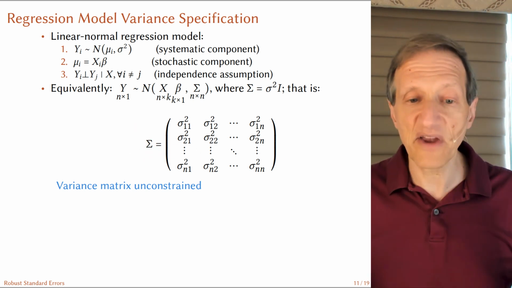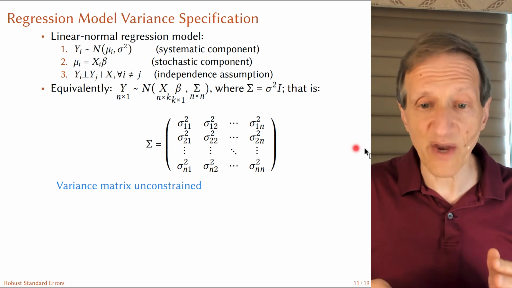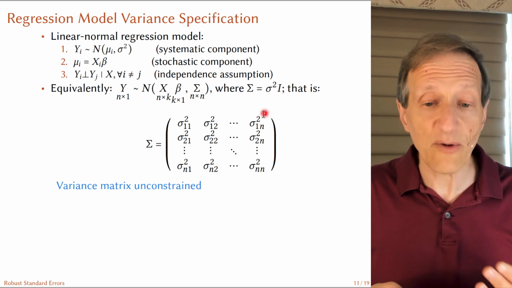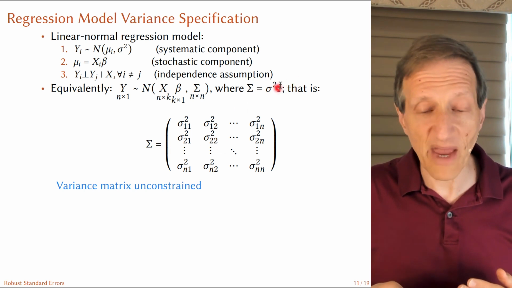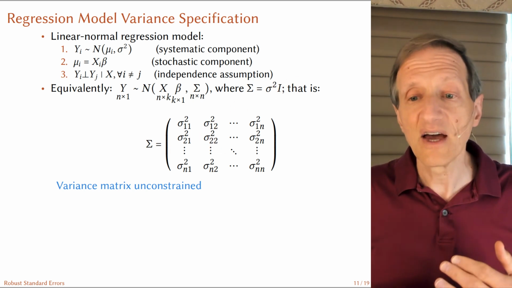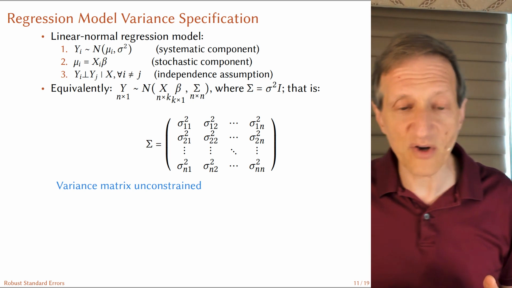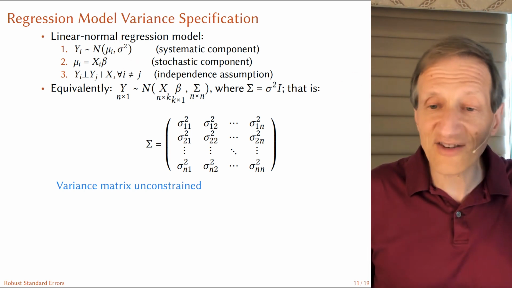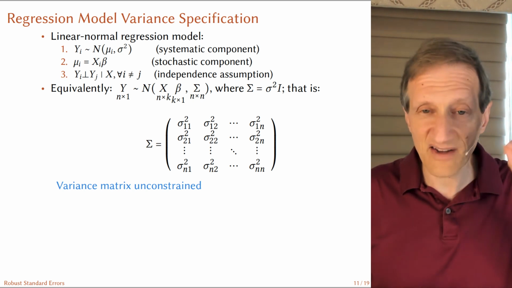So this is the variance matrix unconstrained. This is a heteroscedastic regression model, which I will eventually make. But I'm going to start from the most unconstrained model, because the linear regression model has this specification, and that's an assumption, but we want to understand it.